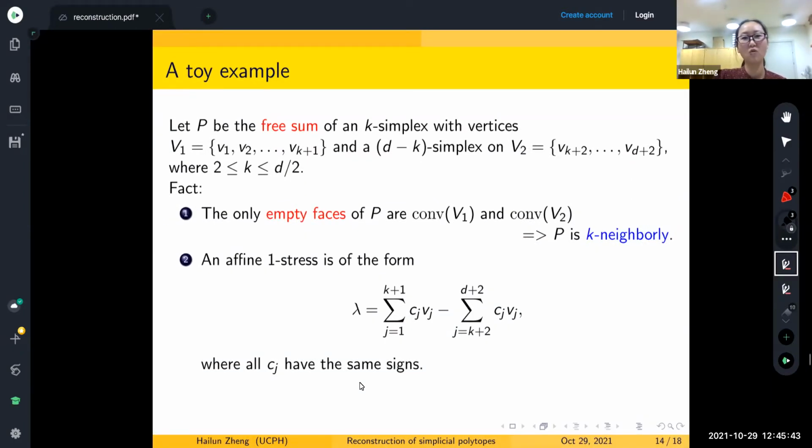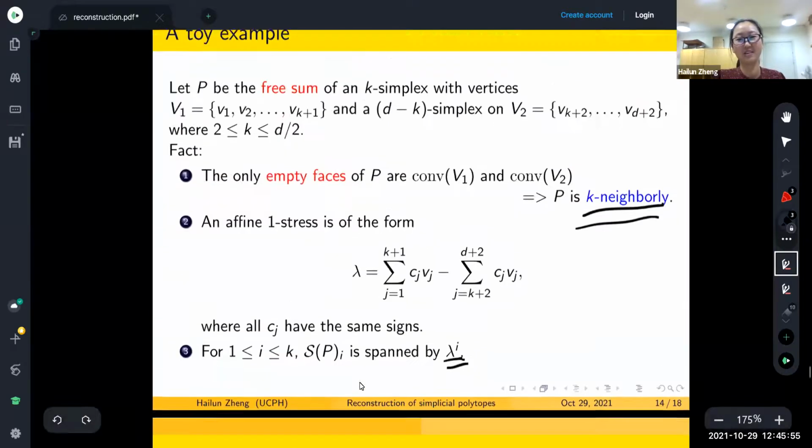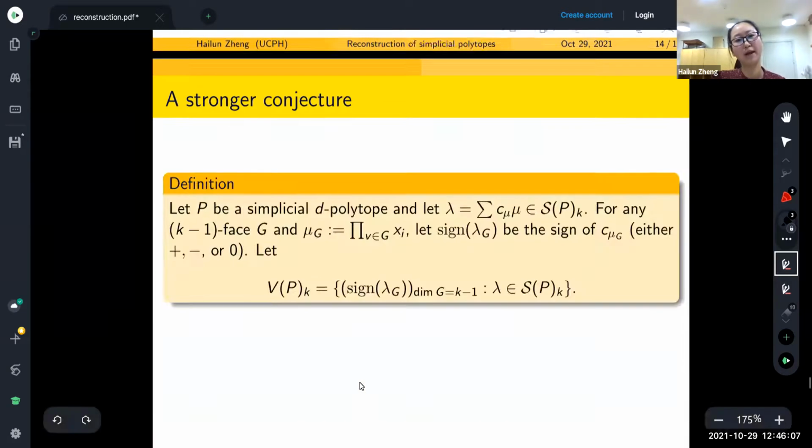The signs on V1 and the signs on V2 are always of opposite signs; they cannot have the same sign. So I figure out that I don't need to look at explicit numbers. I don't need to look at affine stresses and explicitly what are these c1, c2, etc. I just need to understand the signs, okay?